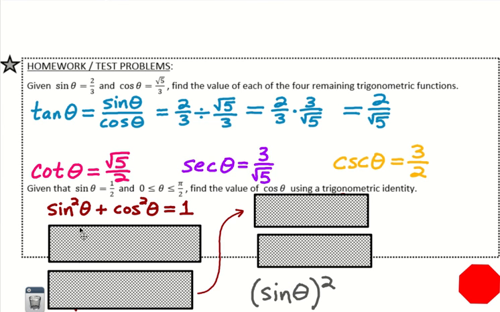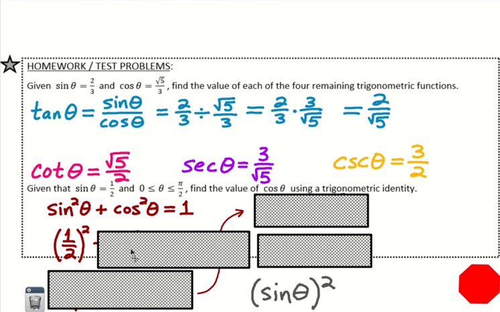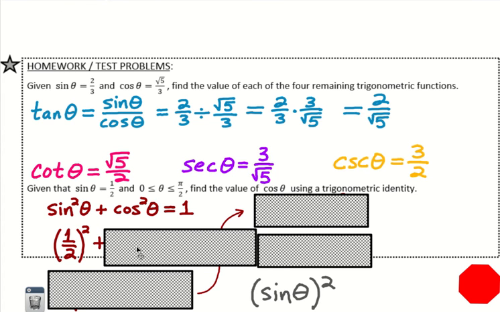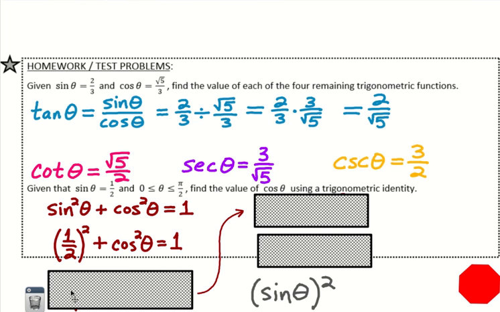So, if the sine of theta is 2/3, then this just means, oops, sorry. I shouldn't have gone up here because we're down here now. So if the sine of theta is 1/2, then sine squared of theta is just 1/2 squared. We don't know what cosine is yet, but we will.